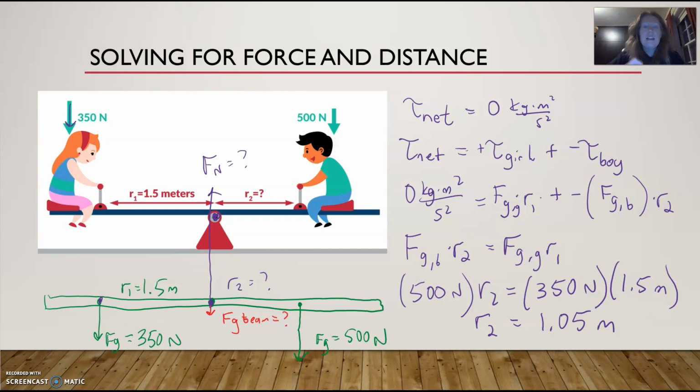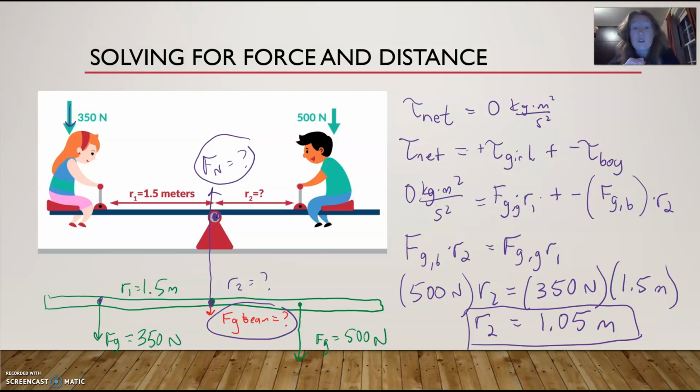Okay, now the other thing I said we could solve for would be this normal force, just like we used to, because we know that the net force has to be 0. I feel like we can't both solve for that and for the weight of the beam. Maybe we have to just assume that the weight of the beam is basically negligible here.